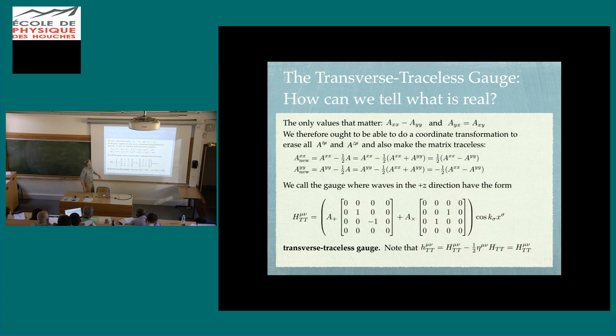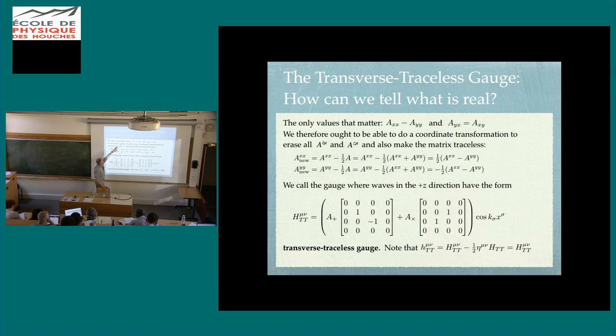And so we ought to be able to do a coordinate transformation that gets rid of all of those components, because what the Riemann tensor is saying is that anything else is just a deformation of flat space-time. There's no physical meaning there.